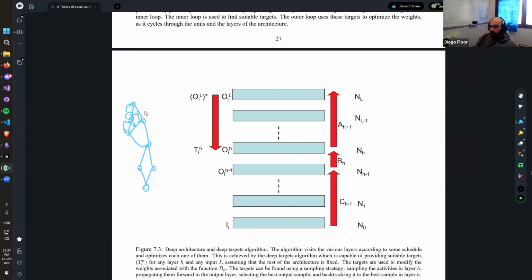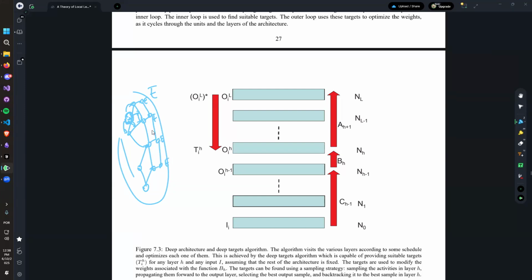But if there's a main error calculated globally, then this node is not going to know about it, unless you had some way of putting the error next to it, side by side. Well, no, that's not global. Doesn't answer the question on backpropagation. Not on backpropagation, on the learning channel. The learning channel is the strategy we were talking about. Okay, so then it does not answer my question.